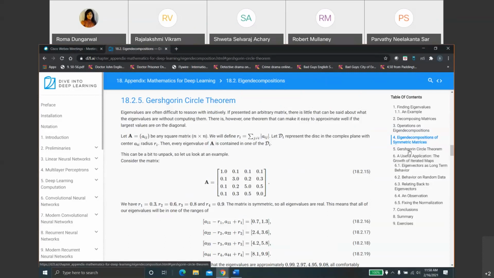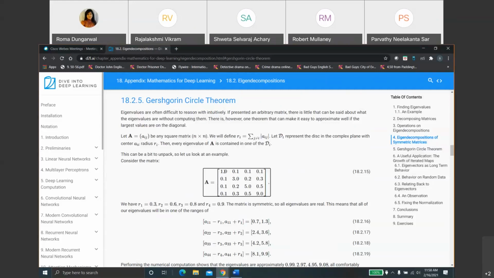So consider this matrix A, and let there be R, and R is the radius of a disk. Consider a disk. So how do you compute R? R is the summation of every element along the row except for the diagonal element.